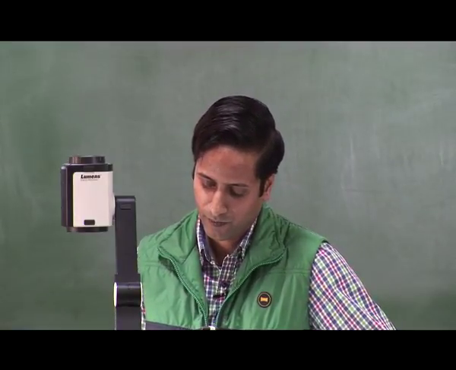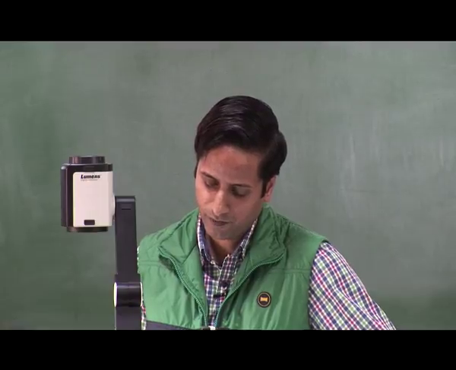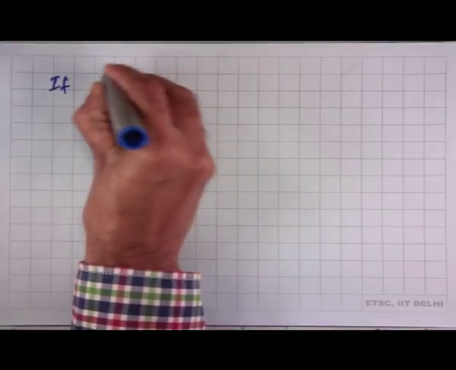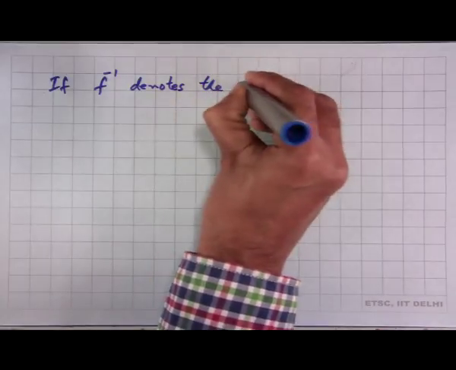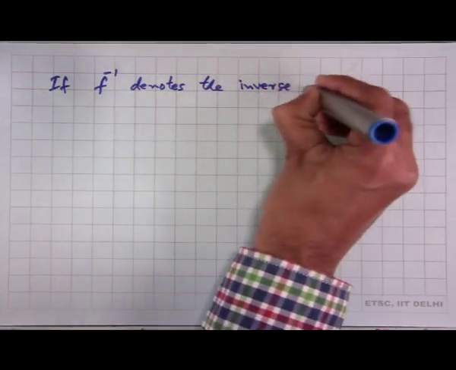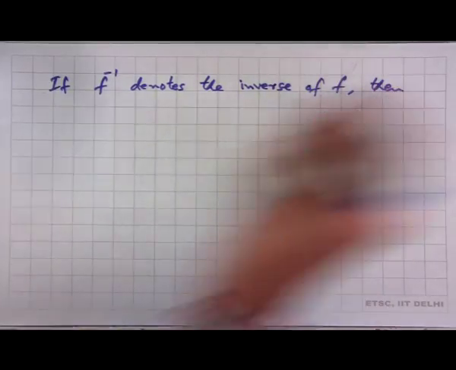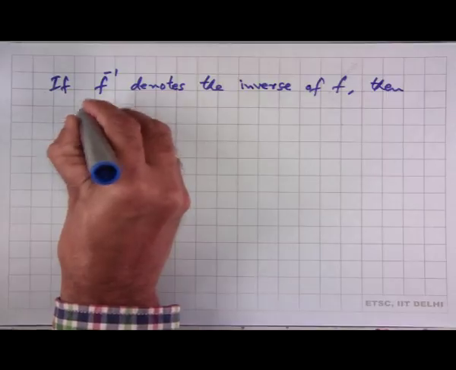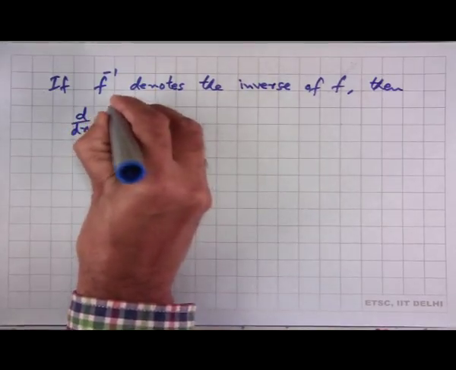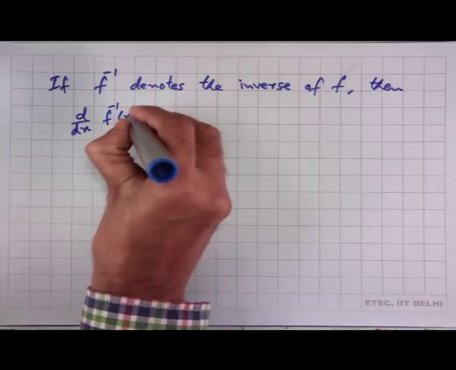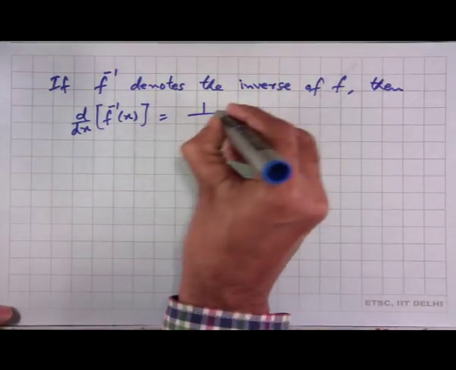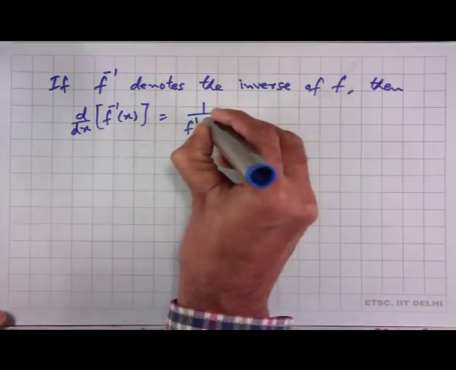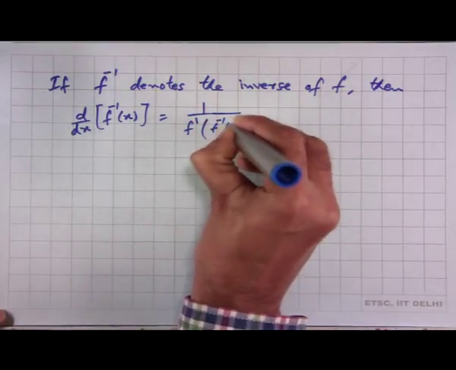Right. So, what we get is that the derivative of, if f inverse denotes the inverse of f, then d by dx of f inverse of x is equal to 1 by the derivative f prime at f inverse of x.